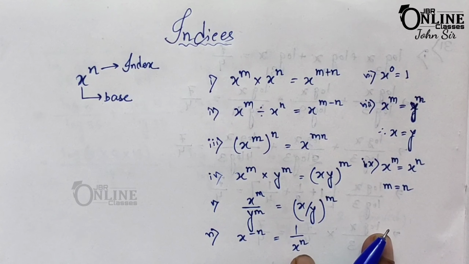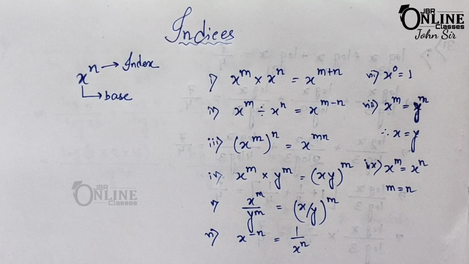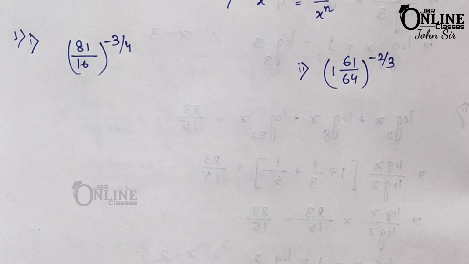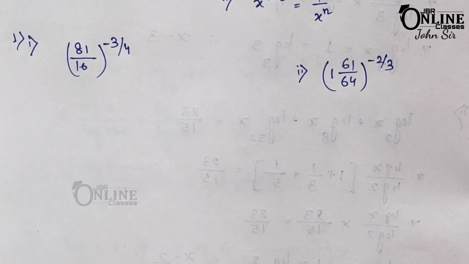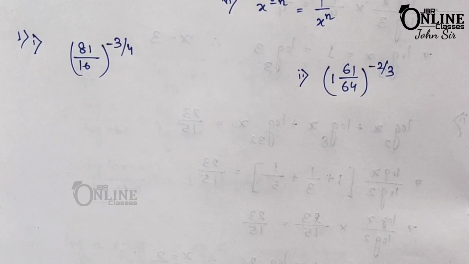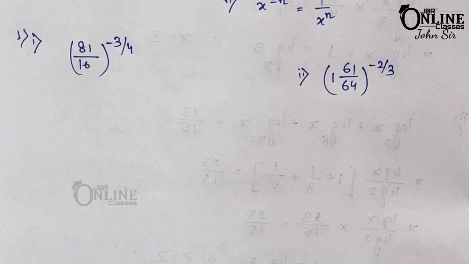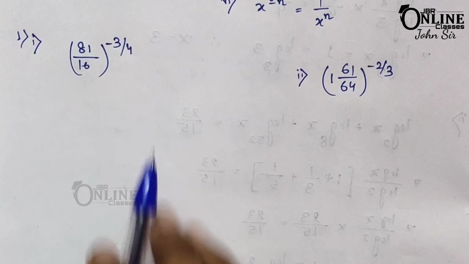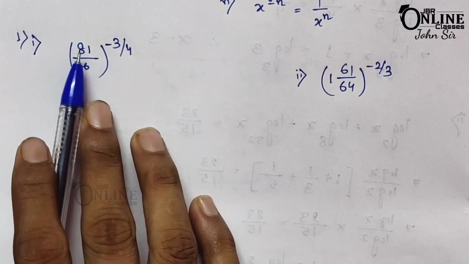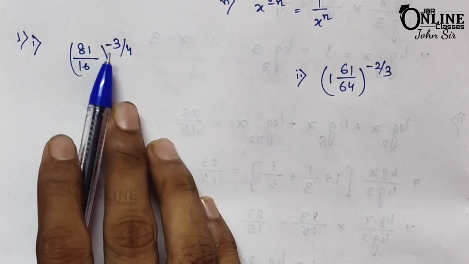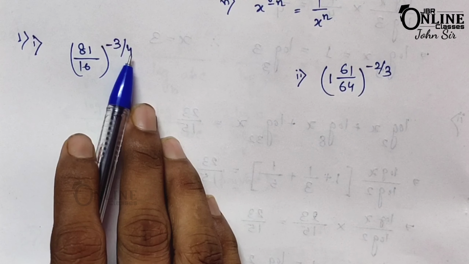So now we are going to solve the exercise problems. Here the first problem, number 1: 81 by 16 whole to the power minus 3 by 4.